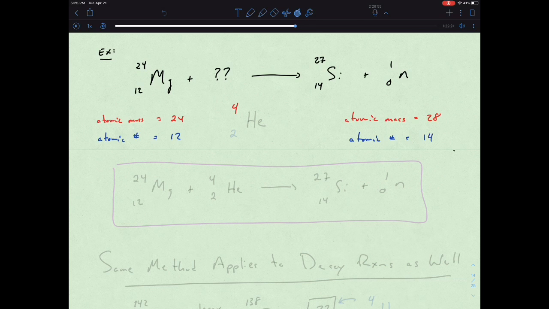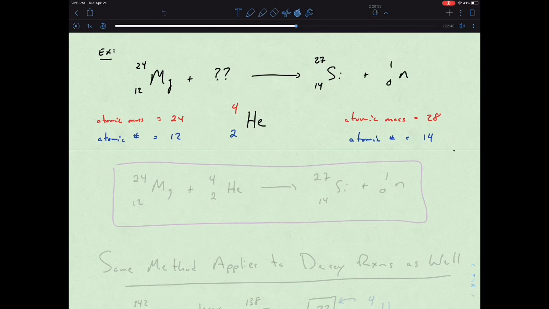So we'd expect something with an atomic number of 2, and that means we have helium as our other starting material for this particular nuclear process.